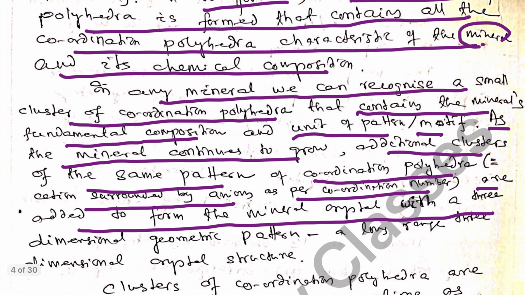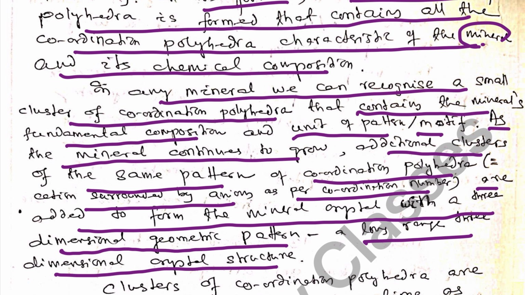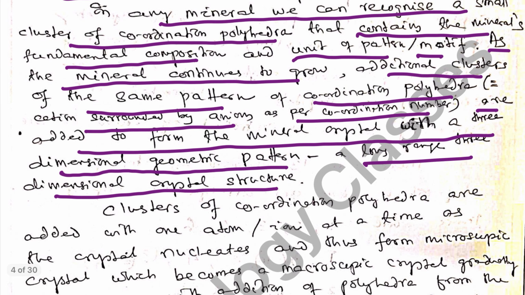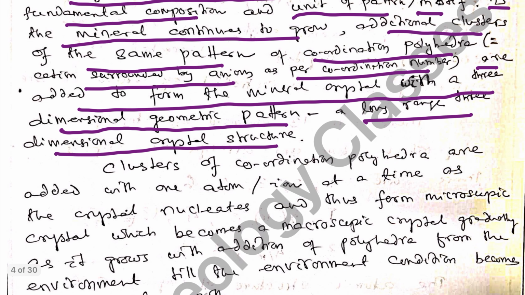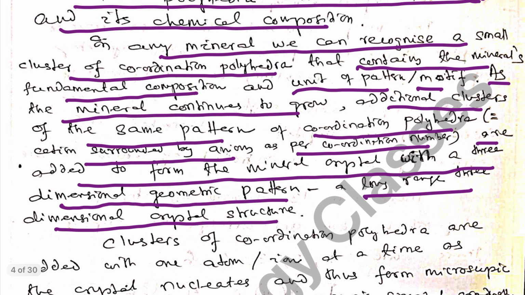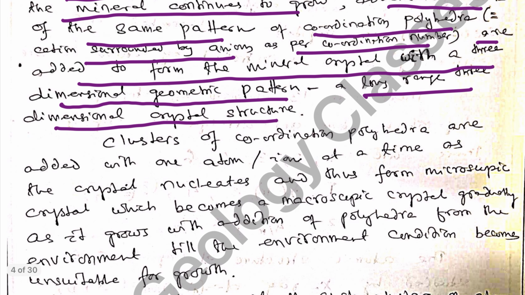through a definite three-dimensional geometric pattern, which we can say is a long-range three-dimensional crystal structure. So in this manner, the polyhedra get linked to develop the long-range order of the crystal structure.